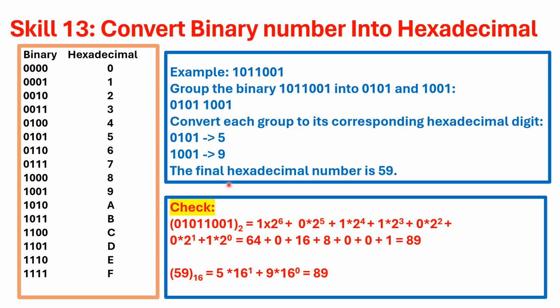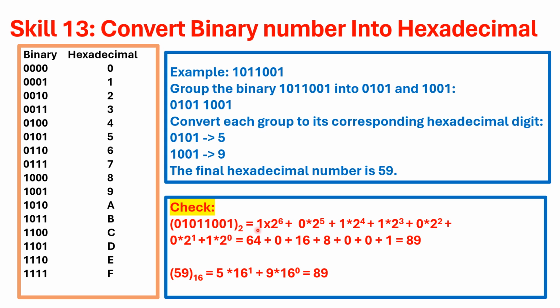For that purpose, we take this binary bit pattern, 0 1 0 1 1 0 0 1, and as you have already learned, 1 multiplied by 2 power 6, 0 multiplied by 2 power 5, 1 multiplied by 2 power 4, 1 multiplied by 2 power 3, 0 multiplied by 2 power 2, 0 multiplied by 2 power 1, and 1 multiplied by 2 power 0, because we assign a weight to each bit here.